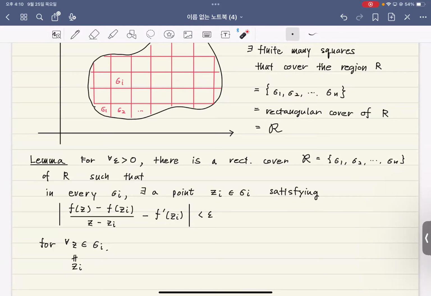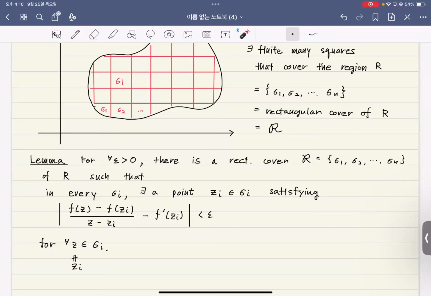If your rectangular cover is not fine enough, then you may not be able to find such a point z_i for some squares on the rectangular cover. In that case, you can make your rectangular cover fine enough. Then you can find such a nice point z_i in every square in that rectangular cover.